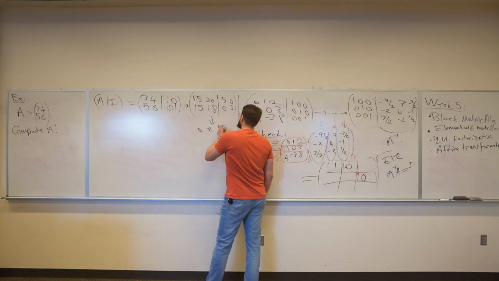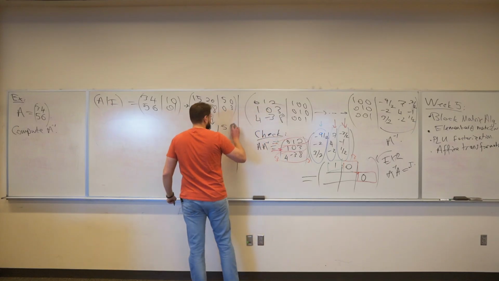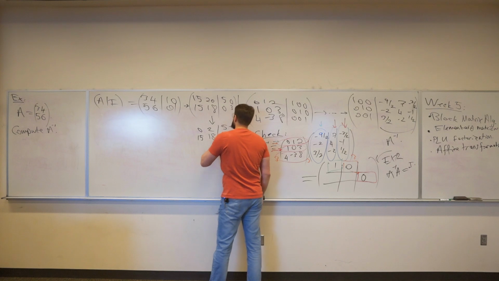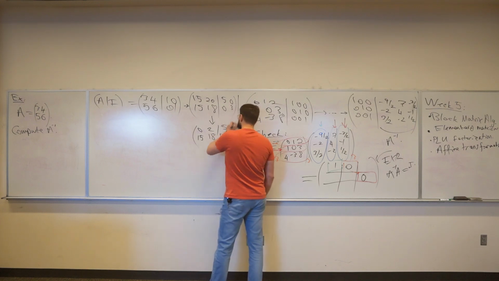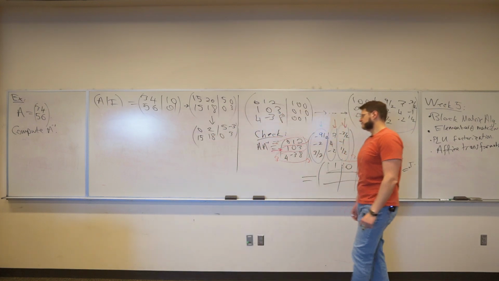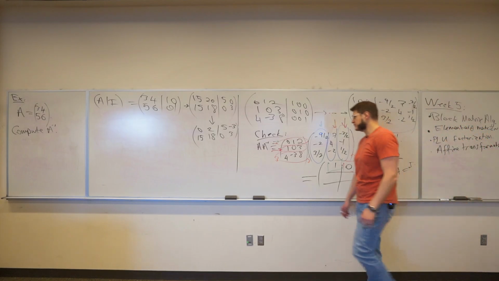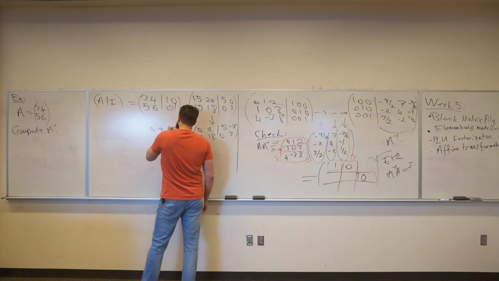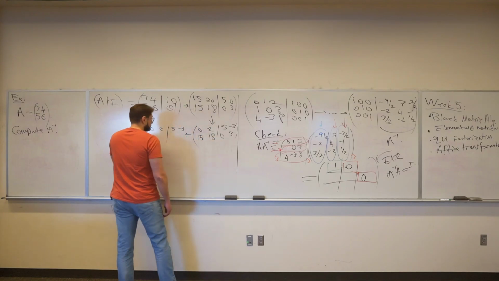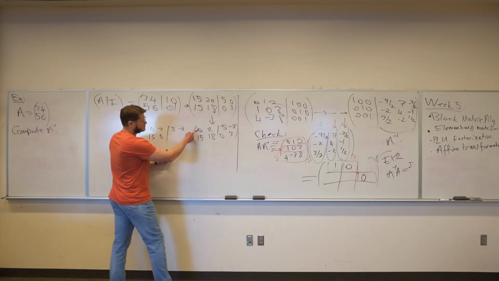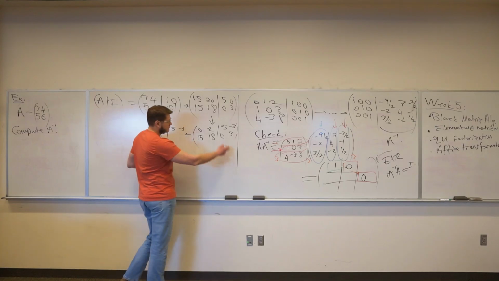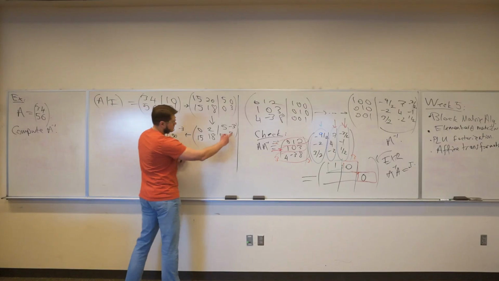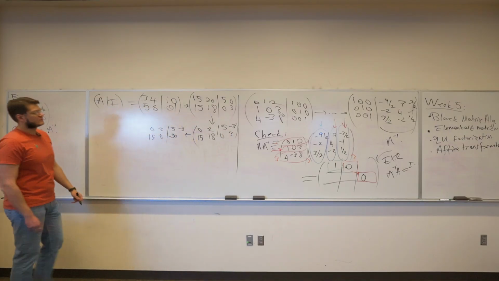0, 2, 5, minus 3, 15, 18, 0, 3. Subtract the first row from the second one, or rather 6 times it. That's 15. That's 0. If I multiply this by 6, I have 30 here. So that's minus 30, minus 18, minus 15.